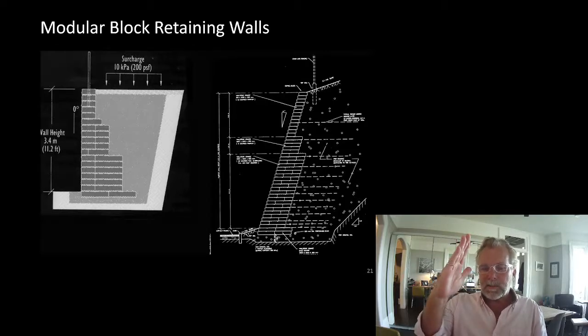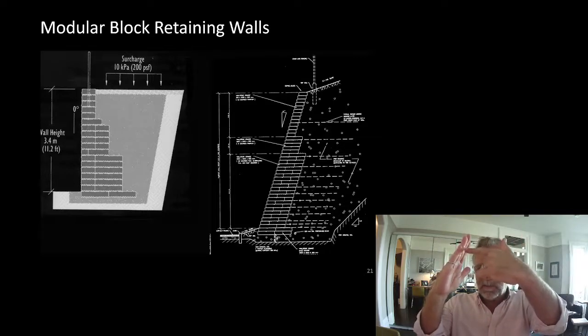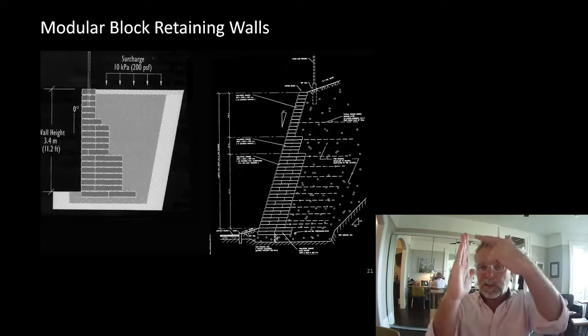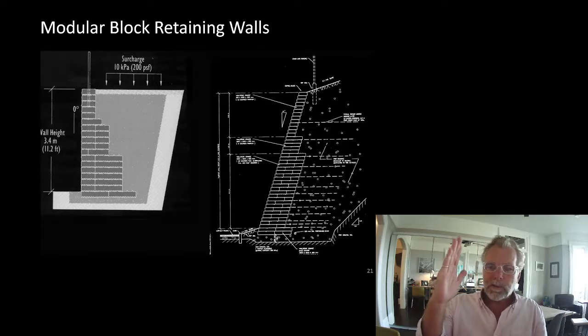If the retaining wall starts with a batter on it, earth is pushing this way, it moves a little bit, it gets more vertical, and no one will be troubled by it at all. If it starts perfectly vertical and moves a little bit, now it begins to overhang and looks like it's dangerous and about to fail. So always good to batter back a retaining wall a little bit.